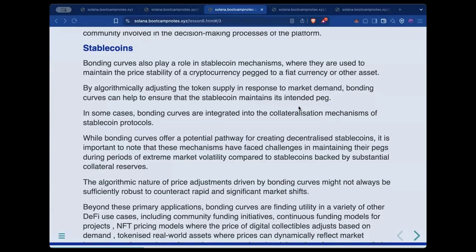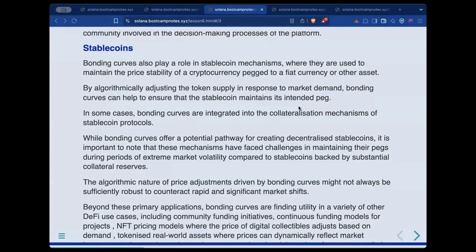There are different ways that can be done. Sometimes this is done according to an algorithm, which could involve a bonding curve, that tries to adjust the price to keep it at a particular level.